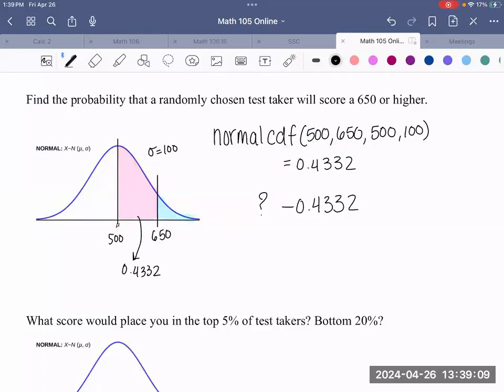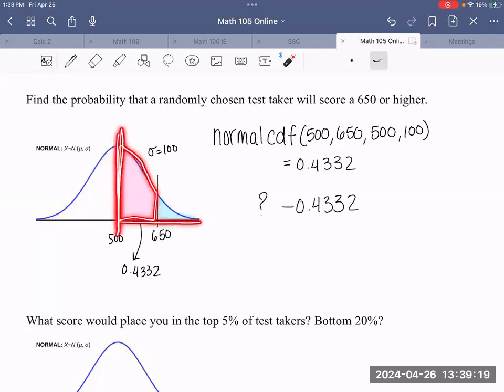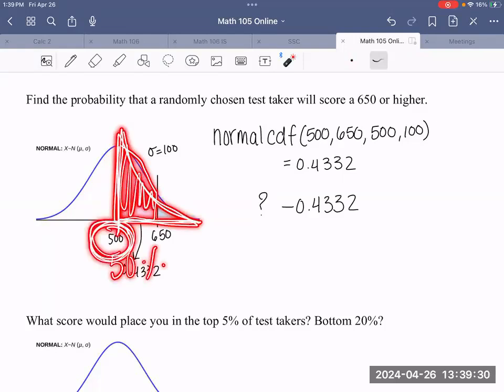It's actually not going to be one being 100%. Notice that our small portion is only a fraction of your graph. If we're looking for this portion, we have about 50% of this graph if we go from 500, your mean, to this value.